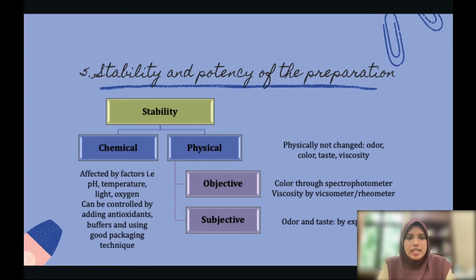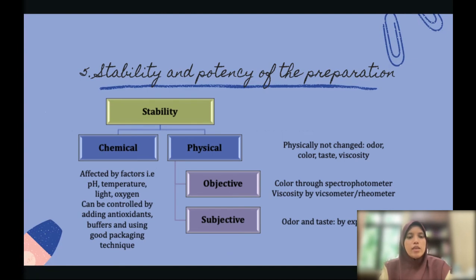Okay, stability of a drug can actually be evaluated either chemically or physically. So chemically, the chemical stability can be affected by different factors, such as pH, temperature, light, and oxygen.